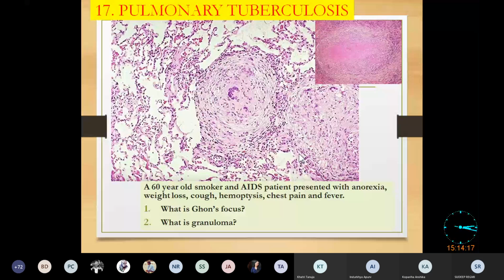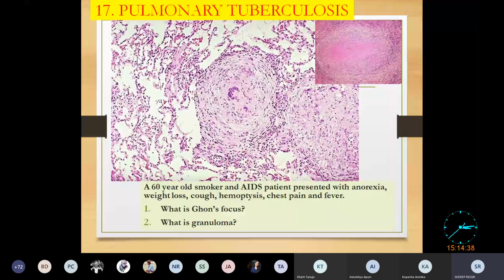Very good. So here you can see a similar picture as we see in pneumonia, right? These are the alveolar spaces, but the difference is that here there is no presence of exudate.